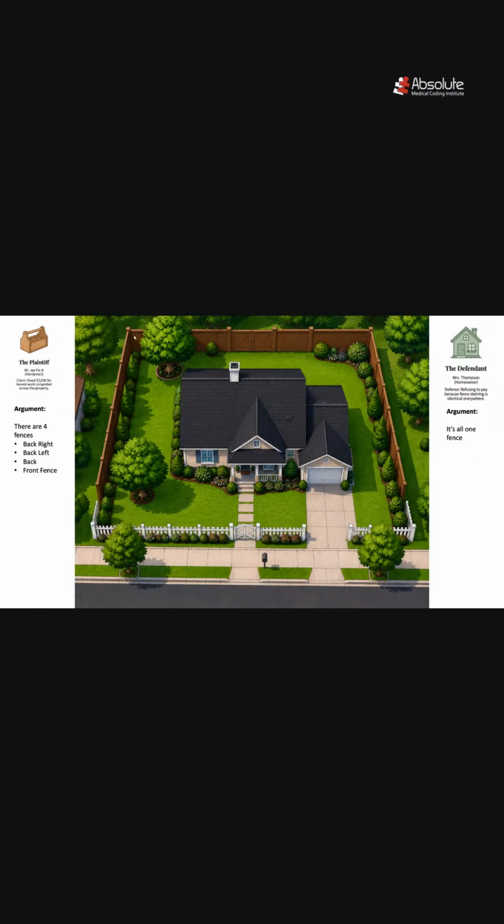Because if you look, the fence surrounds the house. And the brown fence is essentially in the backyard. The white fence is in the front yard. That's different. Those are two different parts of the same yard. Are you all with me?